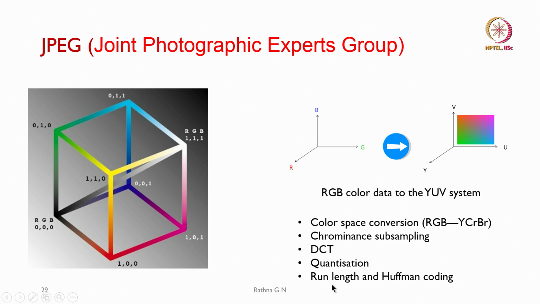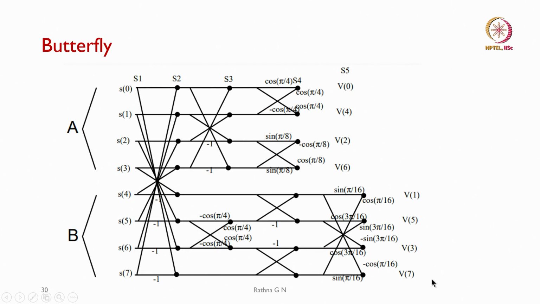Later on we went on to do in the DCT run length coding, and in the inverse DCT it is going to use the Huffman coding to get back our original value.